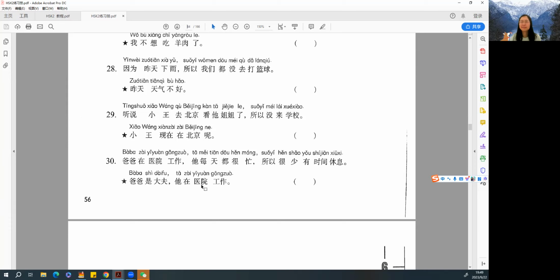You may be very, very confused. What is this? We have learned 医生, but 大夫 is actually a Beijing dialect way to say 医生. They are the same. 大夫 is the same as 医生, but 大夫 is not very often used.